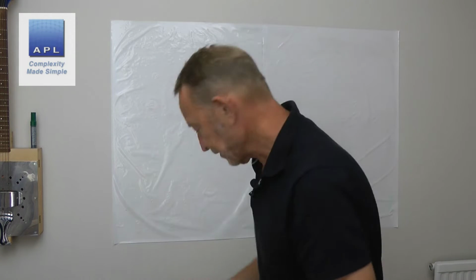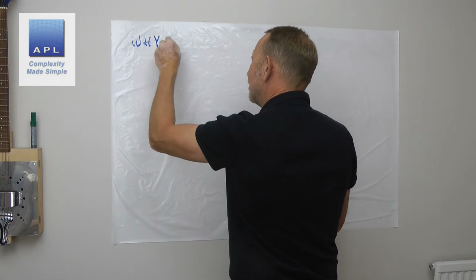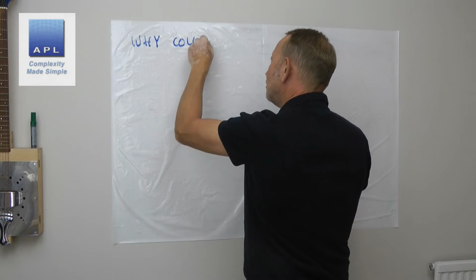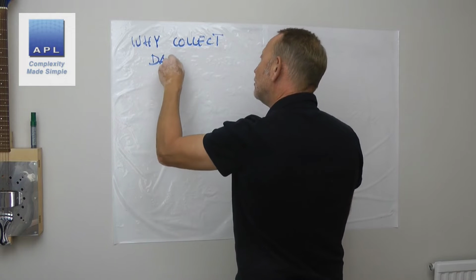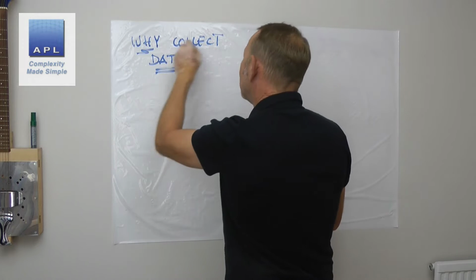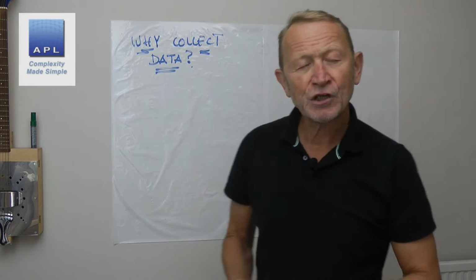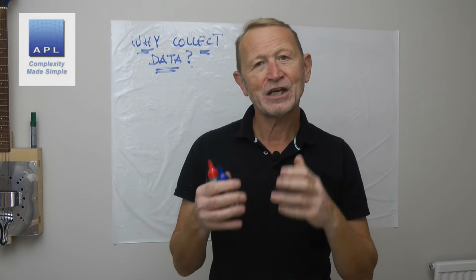So let's have a look. Why collect data? Why measure? What is it that you're actually doing, and what do you use the data for? Usually one of the reasons why we're measuring is because we have a tolerance.